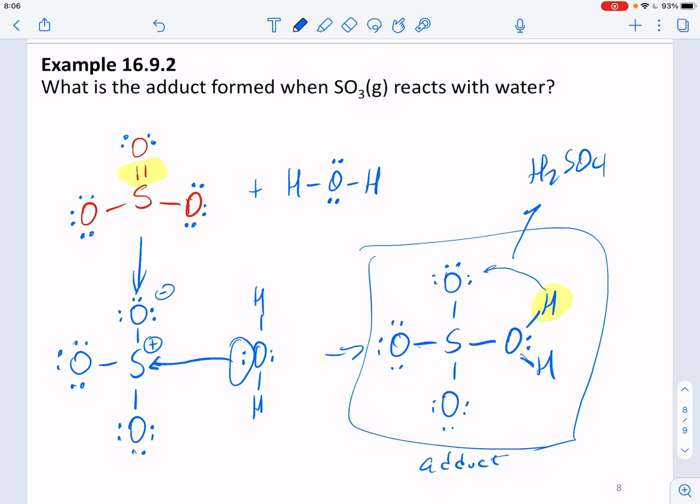Okay, the transfer is not quite direct between that oxygen and the other oxygen. Other water molecules are involved in this, but ultimately the product would be sulfuric acid. Do you need to know that particular detail? No. But in terms of how to obtain the adduct and being able to predict what the adduct can be, or if you are being given the adduct to predict which one is the acid and which one is the base, well, that part, yes, you have to know it.